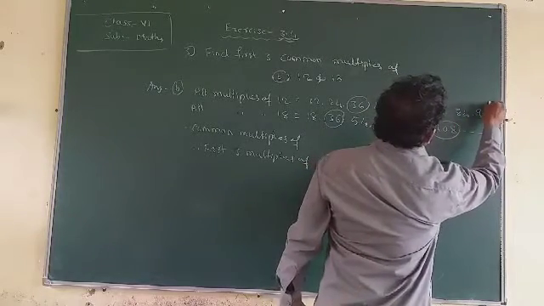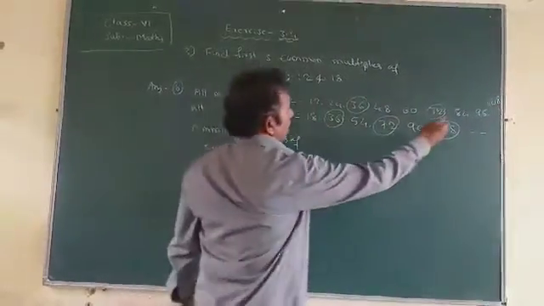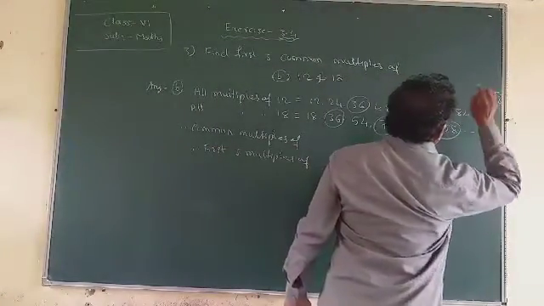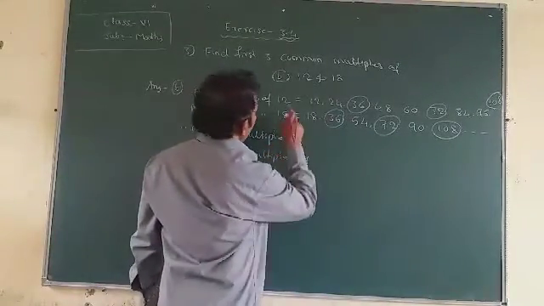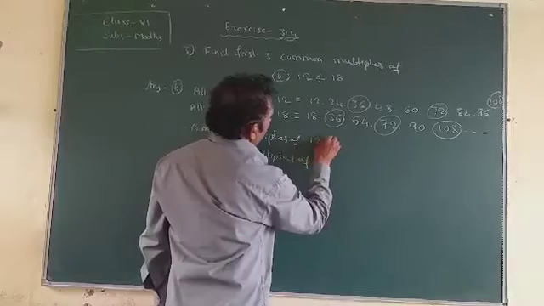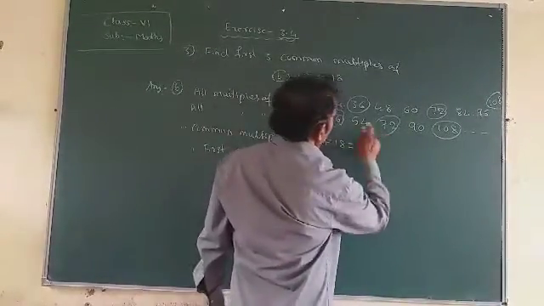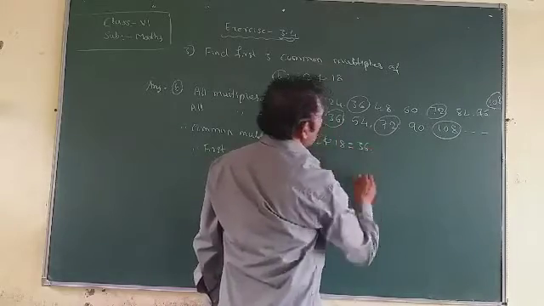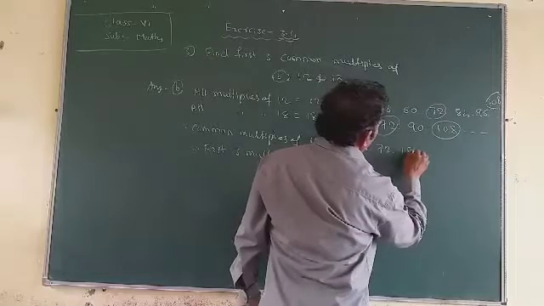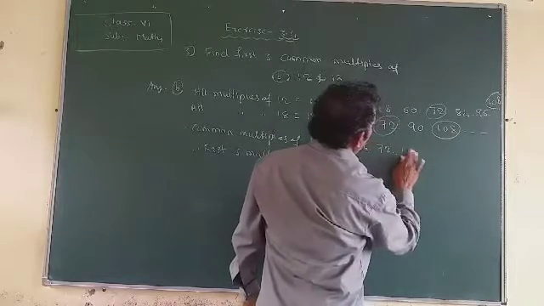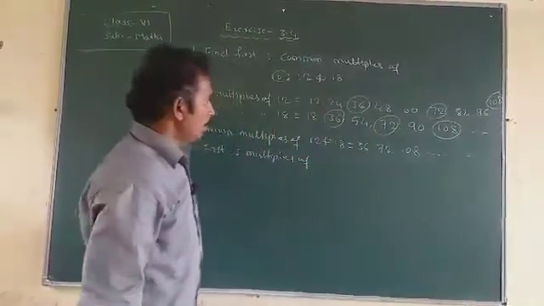Therefore, common multiples of 12 and 18 is equals to first number 36, second number 72, third number 108, like this. The numbers are continuing.